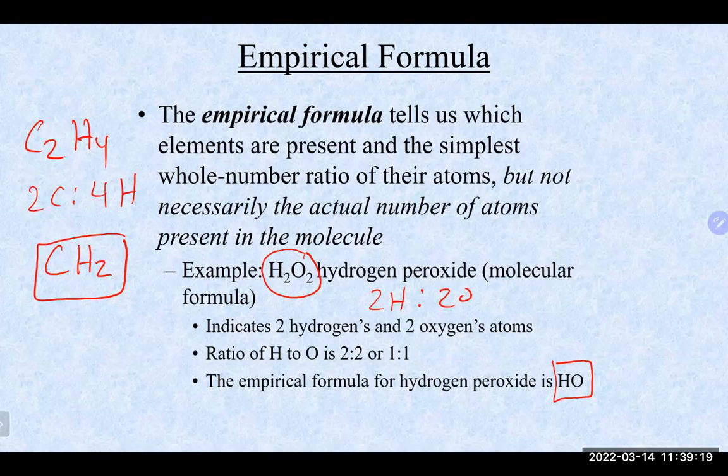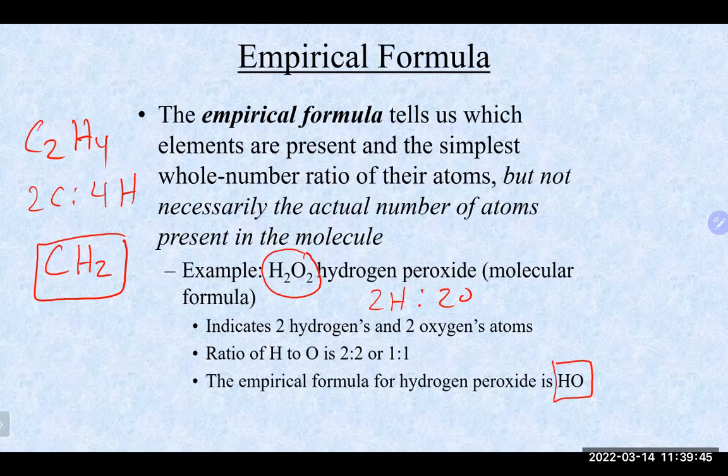Now, in terms of empirical formulas, all ionic compounds are empirical formulas, because if you think about how you properly put together an ionic compound, positive and negative, you want to equal 0 in the simplest way possible. So any ionic compound formula is always an empirical formula, because it should be put together in that simplest way.